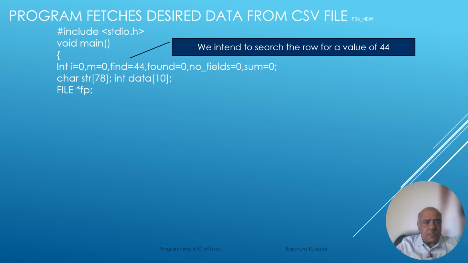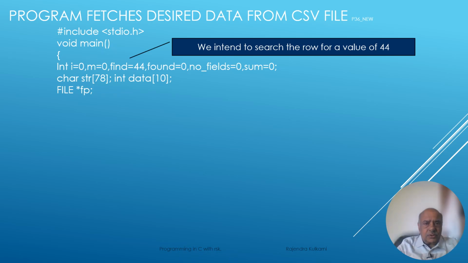So fp is a pointer to which the address of the opening or the first location where the file has been transferred is assigned. From here on, we will be dealing with the file through this pointer fp only.